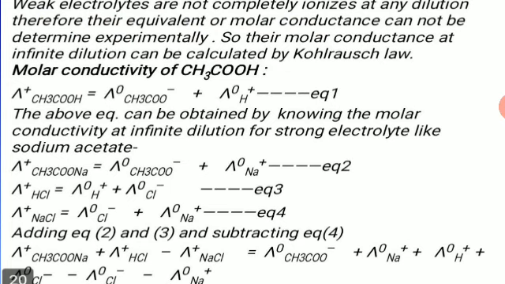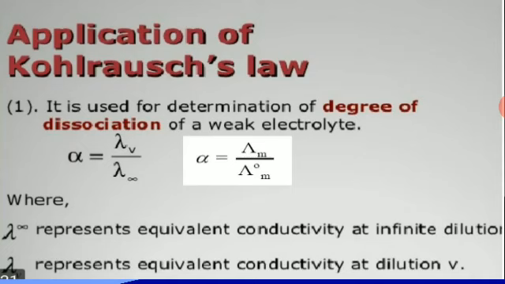HCl has been bifurcated as H positive plus Cl negative. NaCl is Na positive plus Cl negative. From the given data, we require CH3COO negative and H positive. Therefore, we add these two terms and subtract the terms which are not required. For example, Na positive and Cl negative are not required, therefore this whole term is subtracted from it.